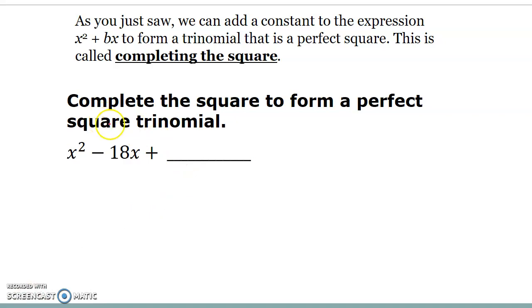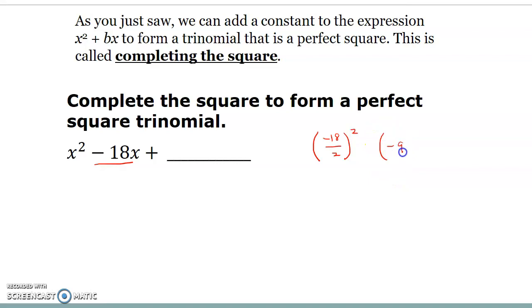Let's do some examples, just figuring out what we need to add to complete the square. If I have x squared minus 18x and I'm looking for that constant, notice my b value here is negative 18, the coefficient of the x term. So I need to take half of negative 18 and square it.